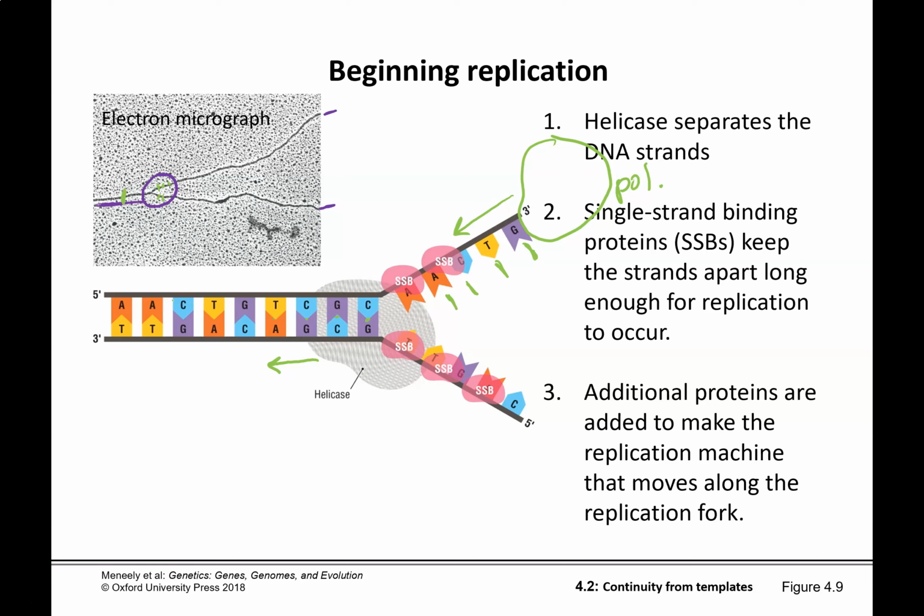Now on the other strand, we're going to start at the location closest to the fork, as close as the polymerase can get in there, which is essentially like a 3' end. And then it's going to move this way towards the 5' end, adding the nucleotides. So let's look at some of this in more detail.